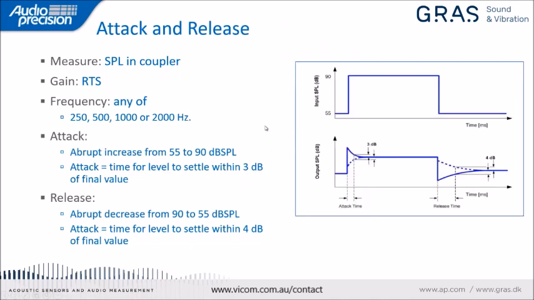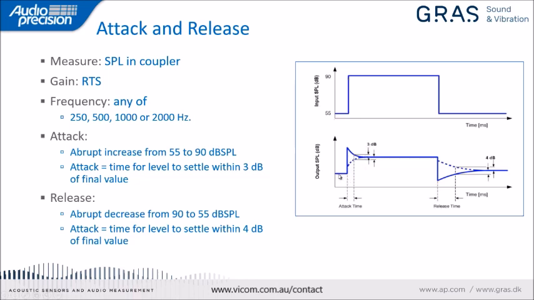Another metric for hearing aids with automatic gain control is called attack and release. So here, again, we're generating a sine signal, at any of the 4 frequencies indicated: 250, 500, 1K, or 2K. We abruptly increase the level from 55 dBSPL to 90 dBSPL. That's the input signal.